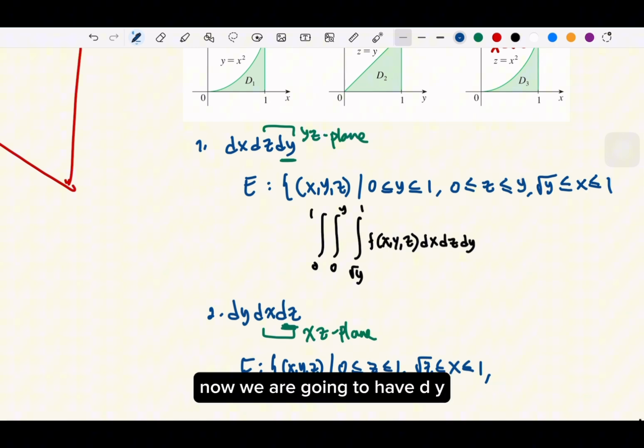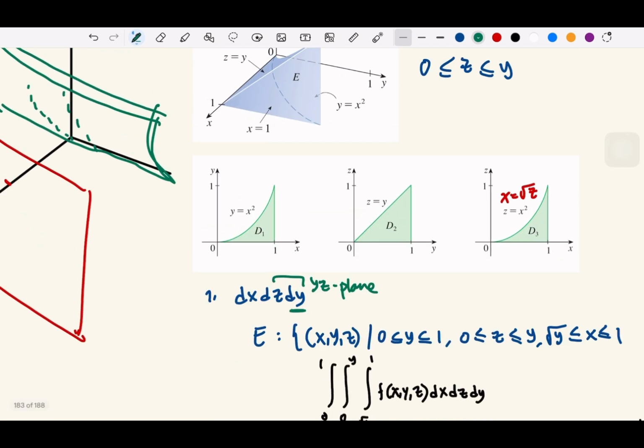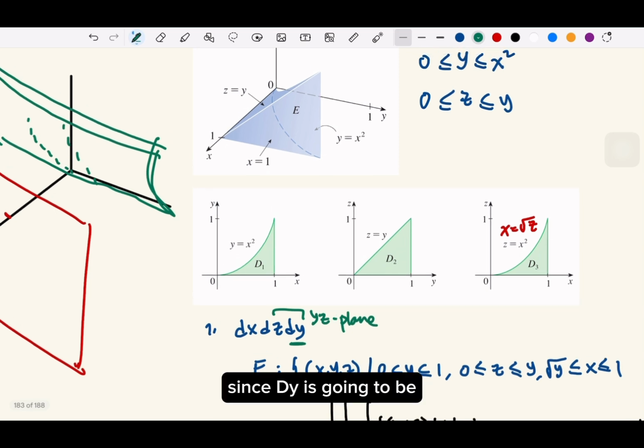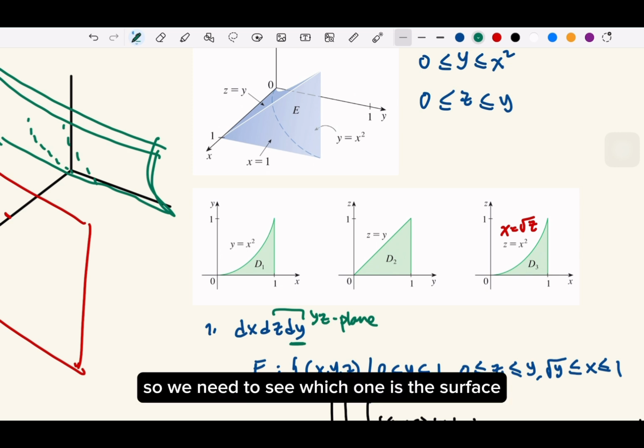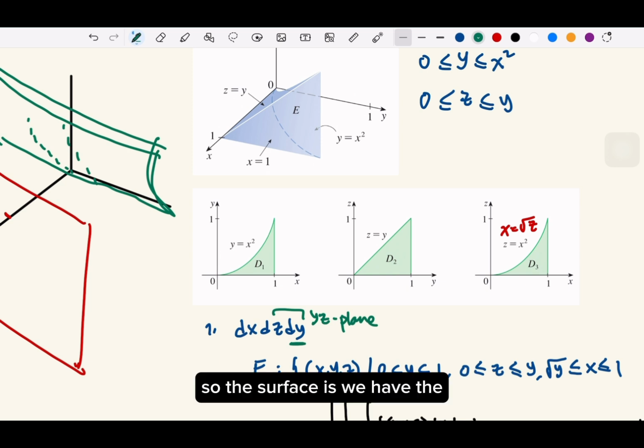Now we are going to have dy. Since dy is going to be that axis, we need to see which one is the surface. So the surface is, we have this line.